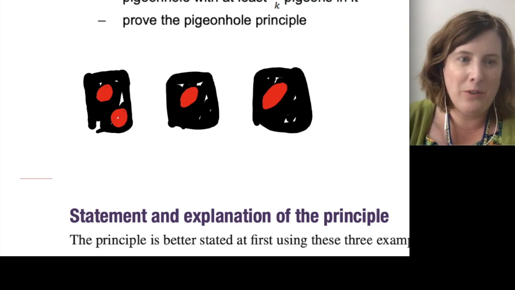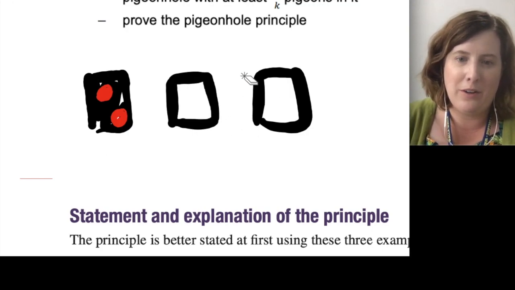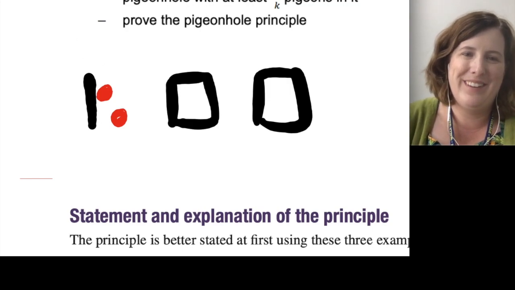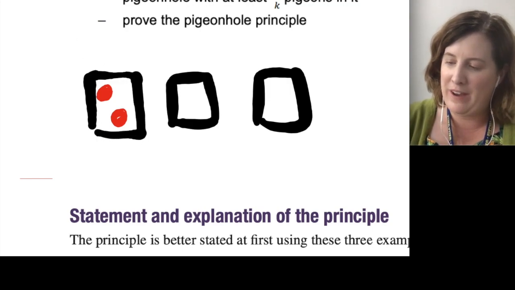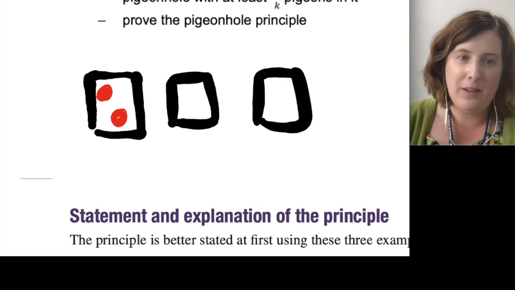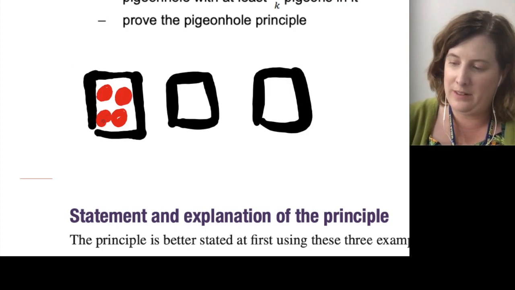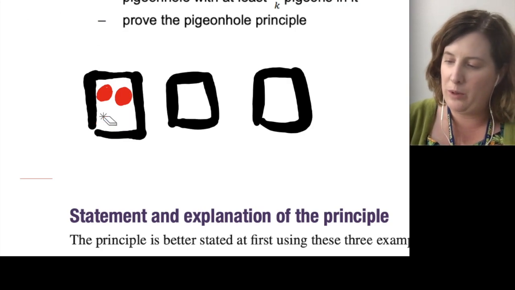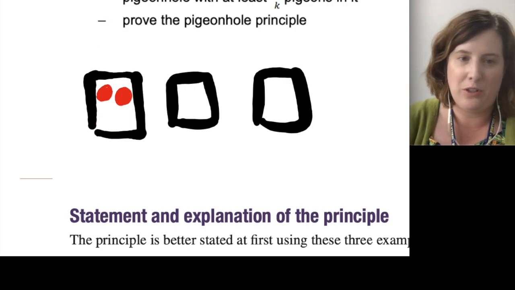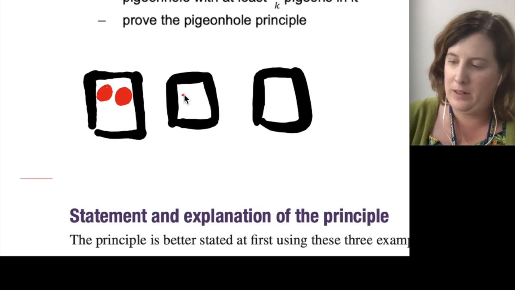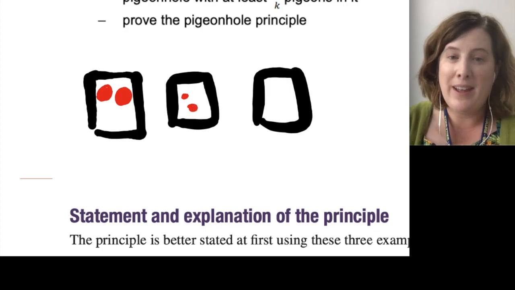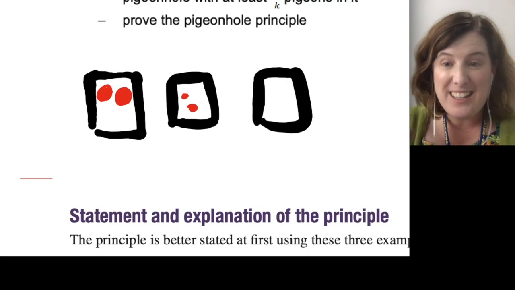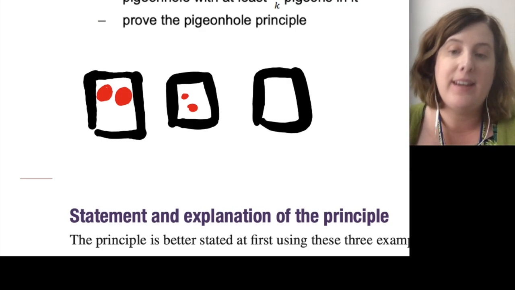One pigeonhole could have had all 4 in it, which is fine, or I could have ended up with 1 pigeonhole with 2 and another with 2. But that's less important. The whole idea behind the pigeonhole principle is that at least 1 pigeonhole had to have 2 pigeons in it.